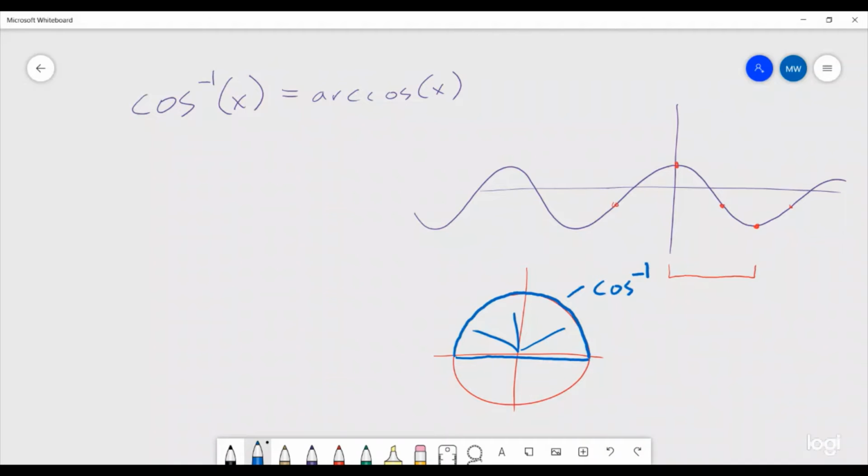However, inverse sine and inverse tangent are going to be defined on this region.